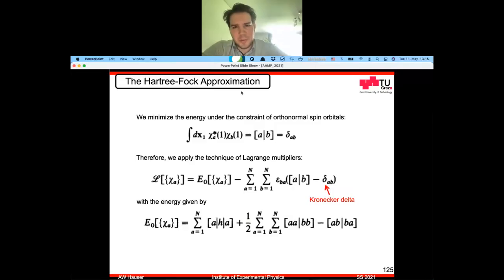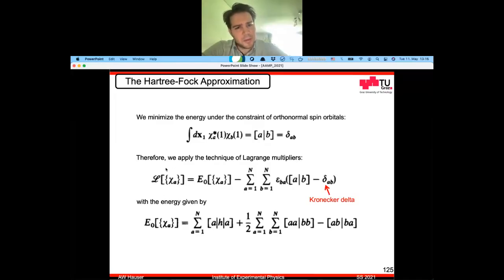So this is our constraint, and what we do now is we add this constraint through Lagrangian multipliers as an expression to our energy expression, which we are about to minimize, and obtain the Lagrangian function here.